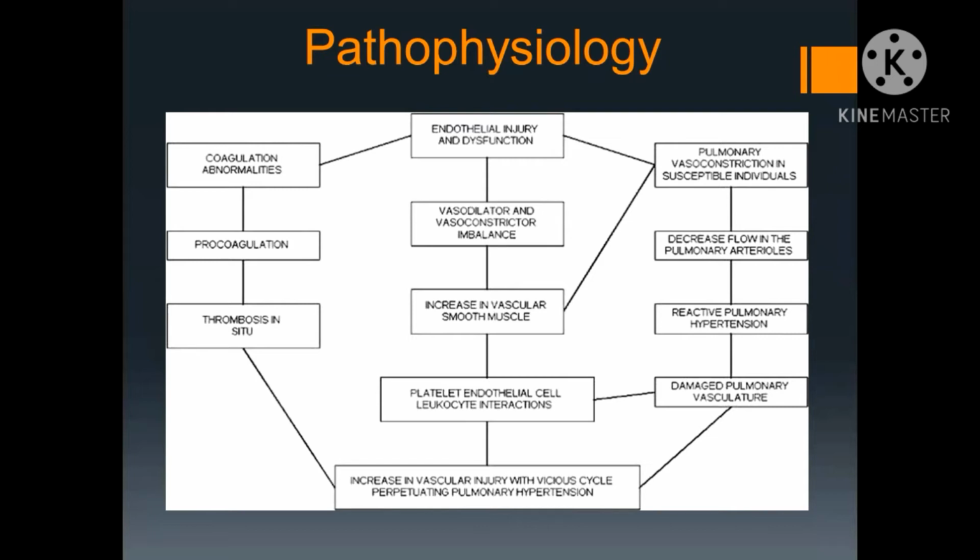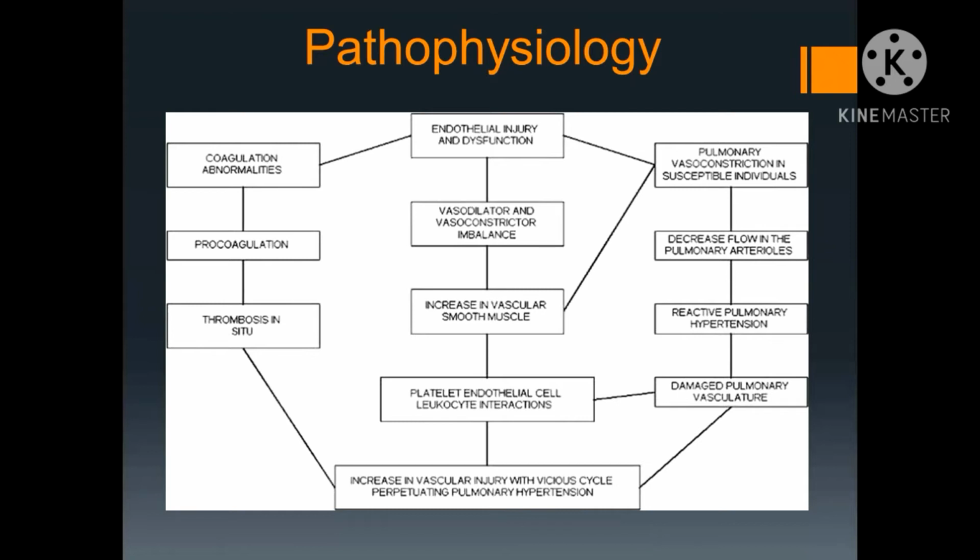So if there is a malfunction of these endothelial cells, this leads to coagulation abnormalities and vasodilator and vasoconstrictor imbalance. Pulmonary vasoconstriction in susceptible individuals.